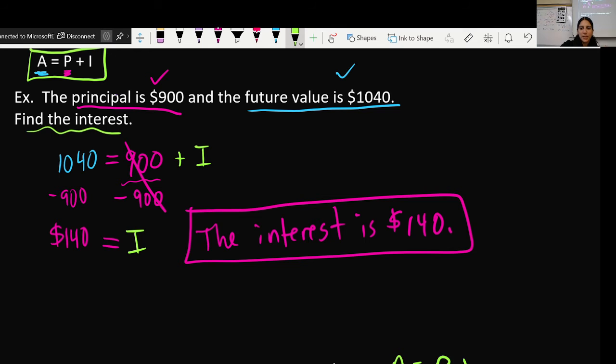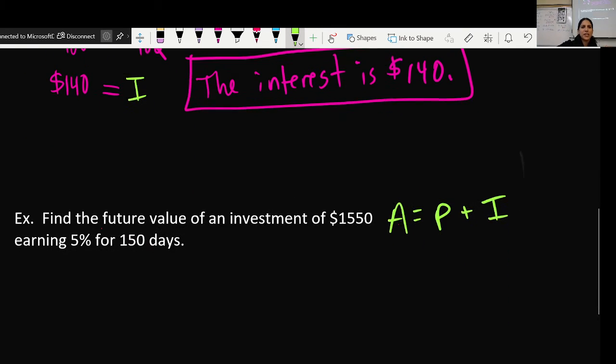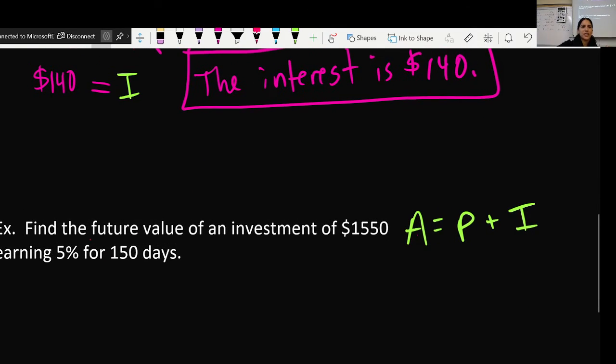A equals P plus I. Is this formula going to do the trick in this question? No. And how do I know that? Well, it says find the future value. So what variable is the future value in this equation? This would be like the A, so I'm going to write that there.